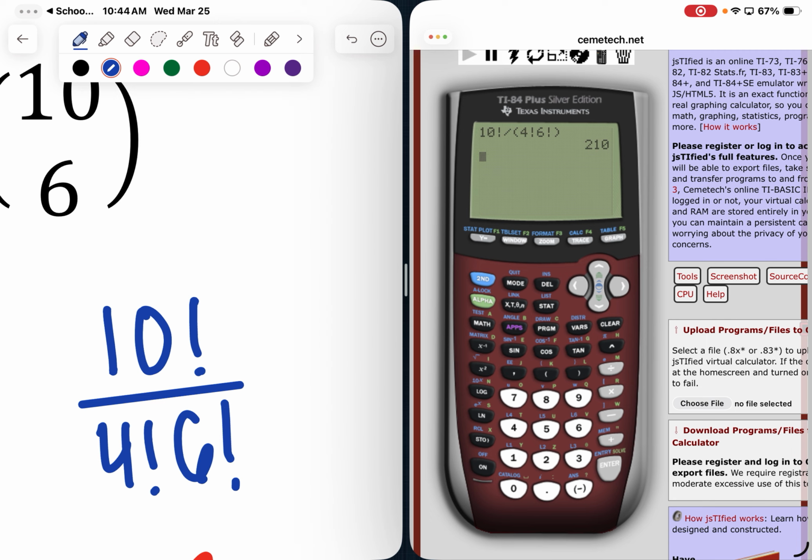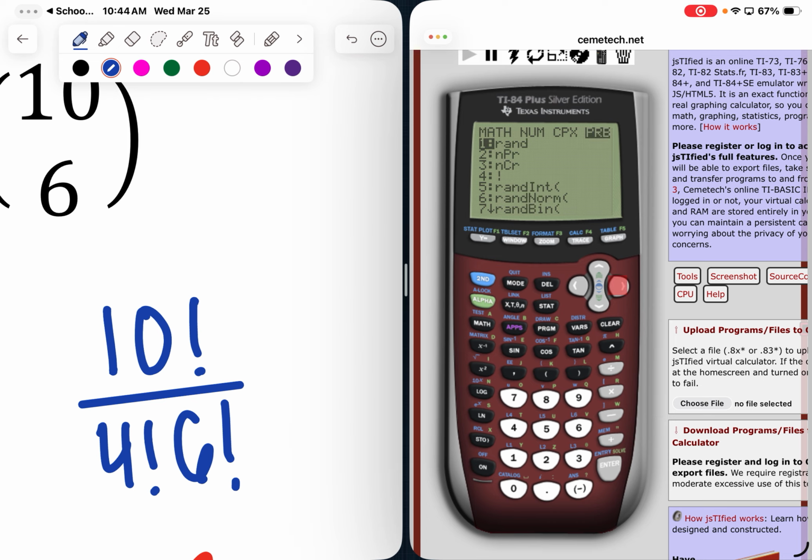But then there's another way of doing this also. If you hit the math button and you go over to probability, the 3rd option down, if you didn't notice, is nCr. That's what we're doing, nCr. So you can choose that, which is option number 3. Oops, clear. I know why, because on this calculator, I have to type the 10 first. So I'm going to type 10, and then hit the math button.